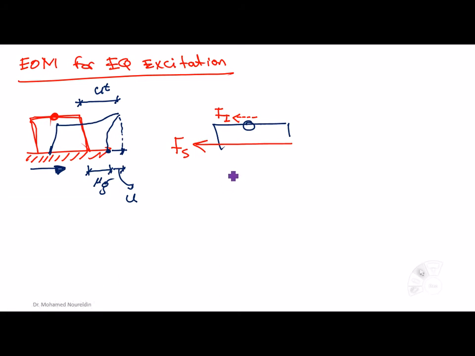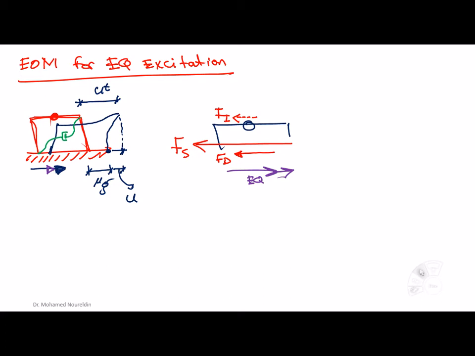So if the excitation of the earthquake is coming in this direction, then we're going to have resistance coming from the system, which is Fs, the static resistance, and we are going to have the inertia force that is going to be developed, in addition to another type of resistance related to Fd, which is the damping, because we know, as we have explained before, that our system has damping resistance based on the material this structure is composed of, and based on different sources of damping, as we have explained before.